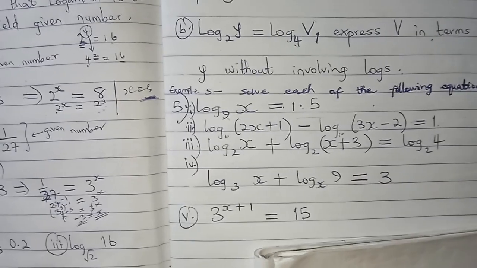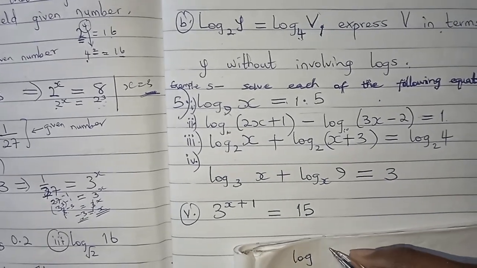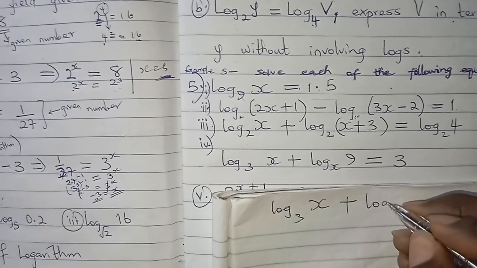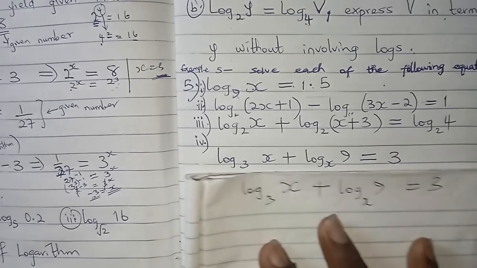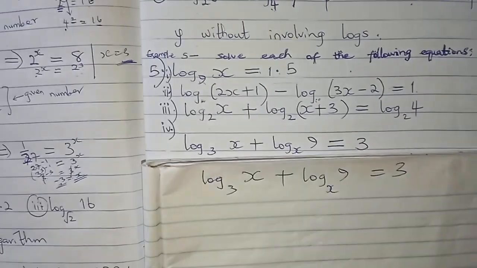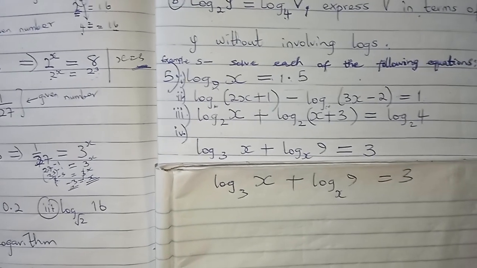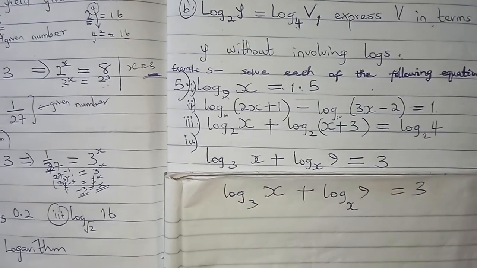You're supposed to solve one as an assignment, but let's just do log x to base 3 plus log 9 to base x is equal to 3. If I say solve this one as an assignment now, we'll have issues. Okay. What do I know?